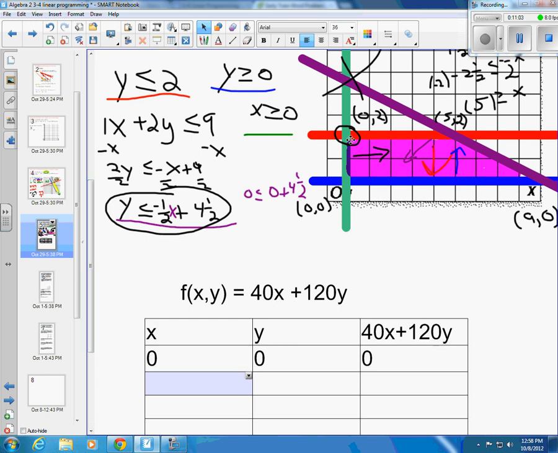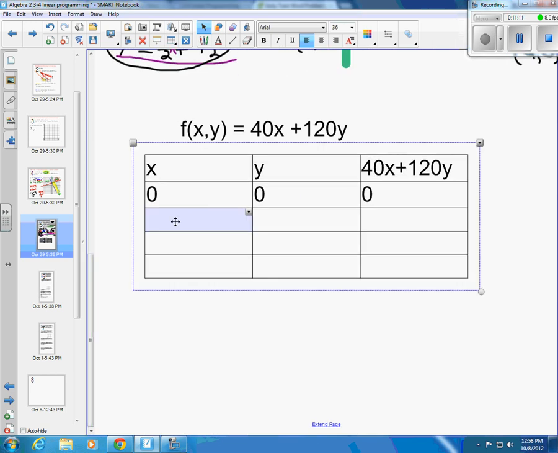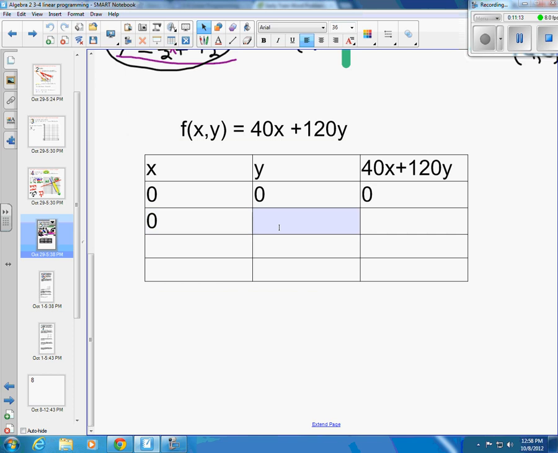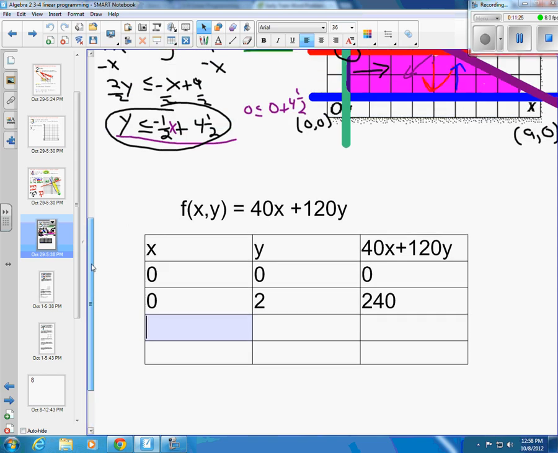What if we went straight up and we did just 2 y's? So that's just 2 pruning jobs. Okay, so we're going to have 0 mowing jobs and 2 pruning jobs. 0 mowing jobs, that means none of the 40s. And 2 prunings, so that's 2 times 120, that's going to be 240. It's a decent amount of money, so that could possibly be right.